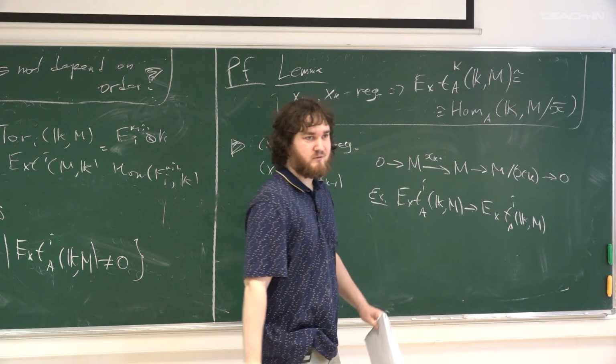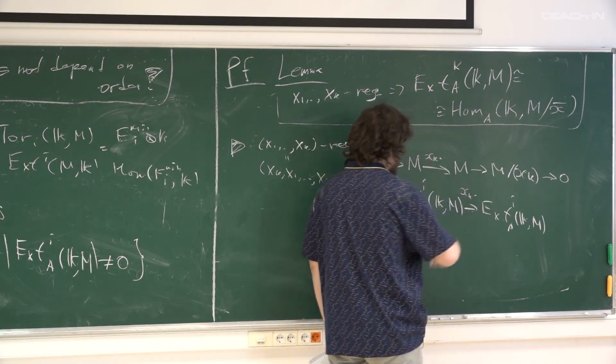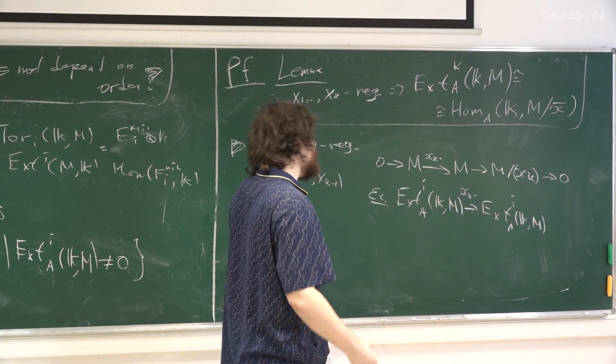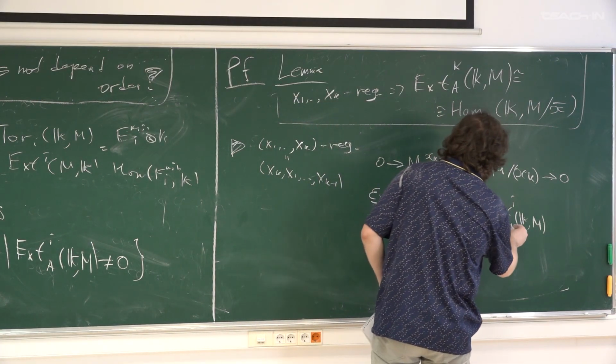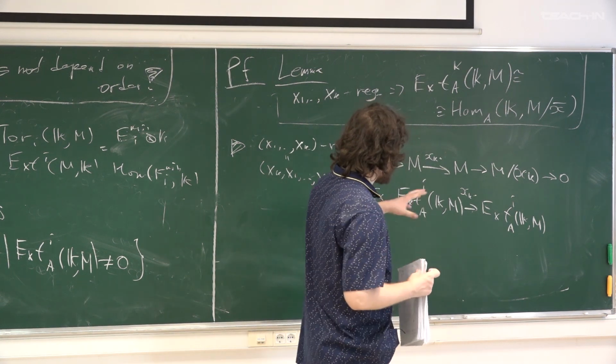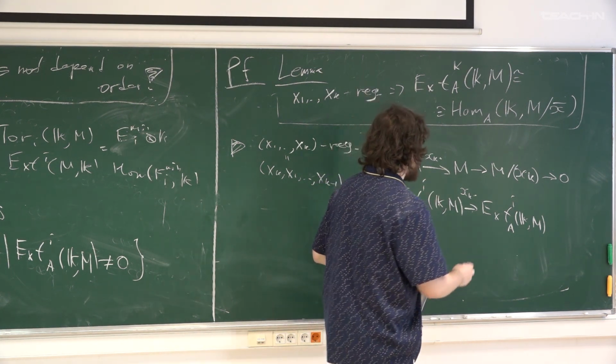What is it? What do you think? Well, it's also multiplication by the same element because it's A-modules, in our situation, for example, when A is commutative. But in this situation, this map is 0.